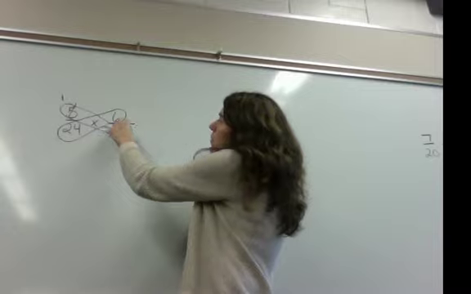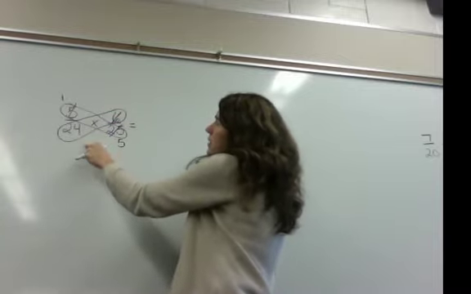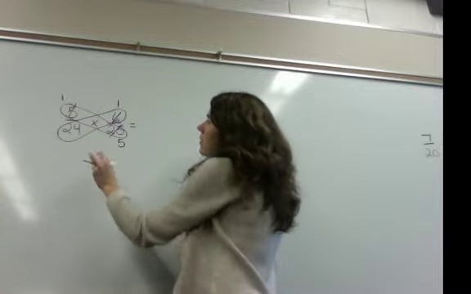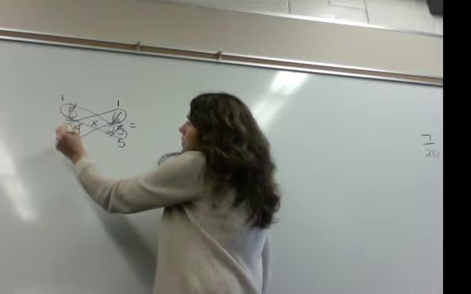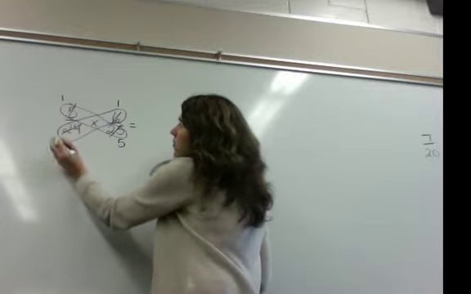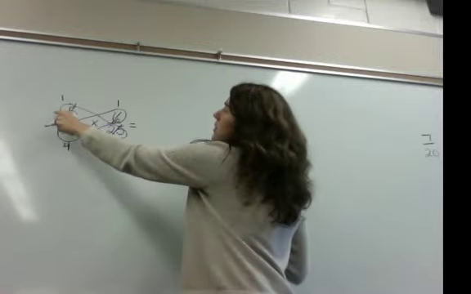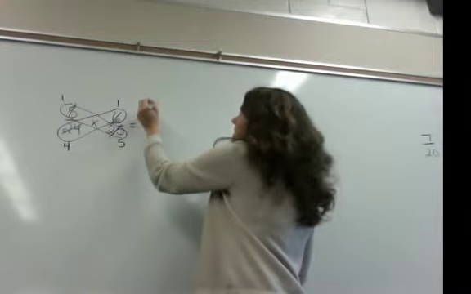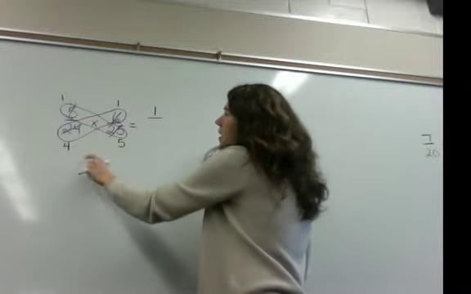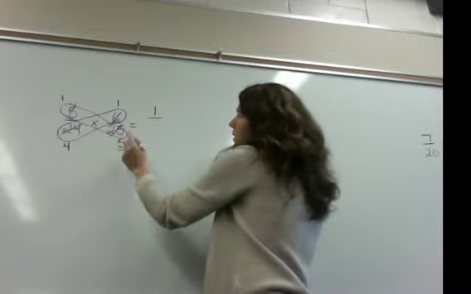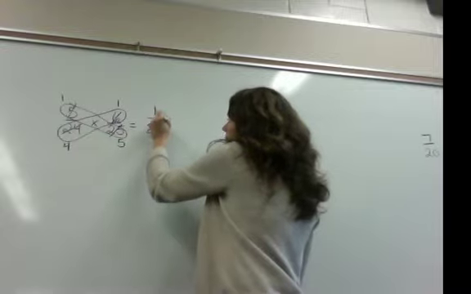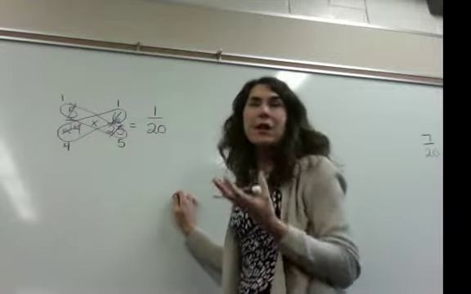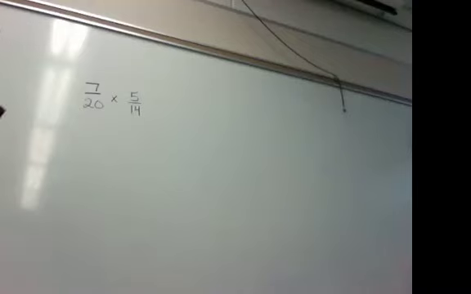So 6 divided by 6, since it's a common factor, would be 1. 24 divided by 6 would equal 4. Ooh, nice. So now we just have 1 times 1 equals 1, and then 4 times 5 equals 20. Since I already simplified, I don't have to worry about that now.